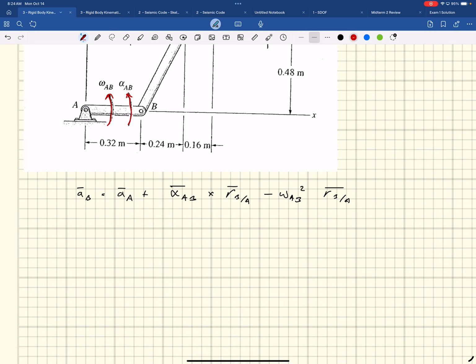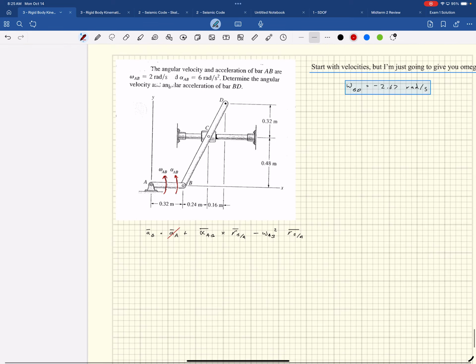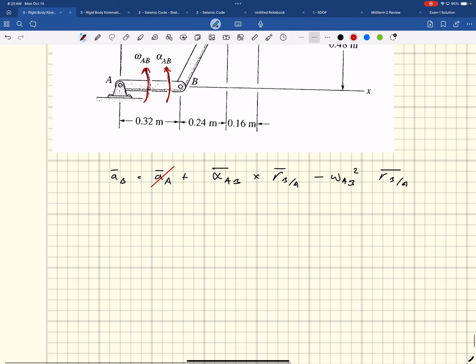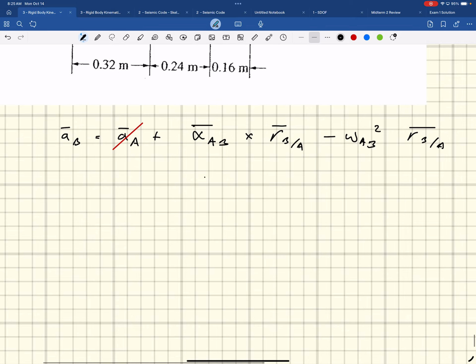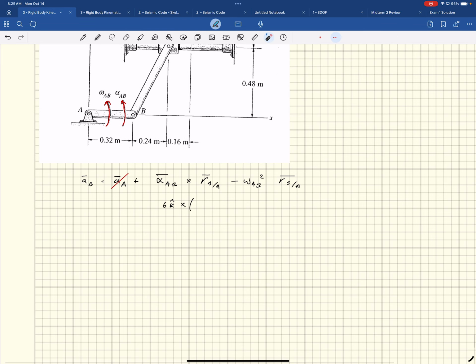A_A is 0. Alpha AB they give to us: it's positive 6 radians per second squared. So this is 6 in the K, crossed with R B seen from A. Again, these directions are important.